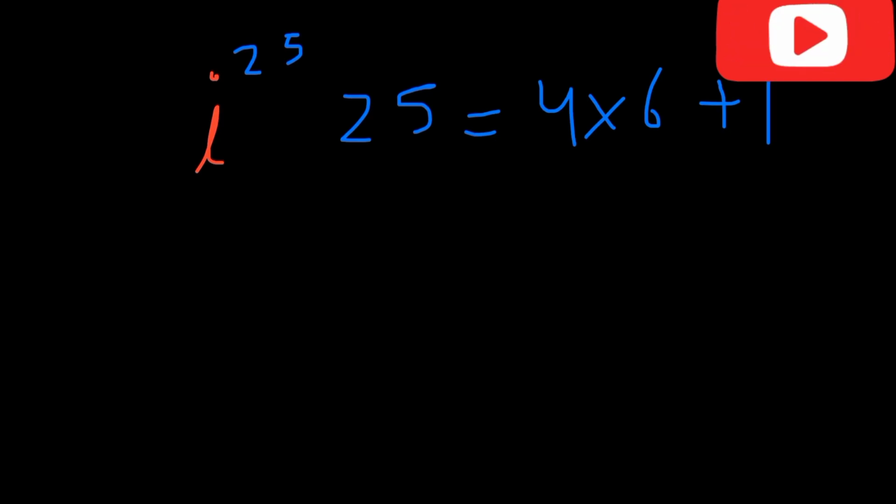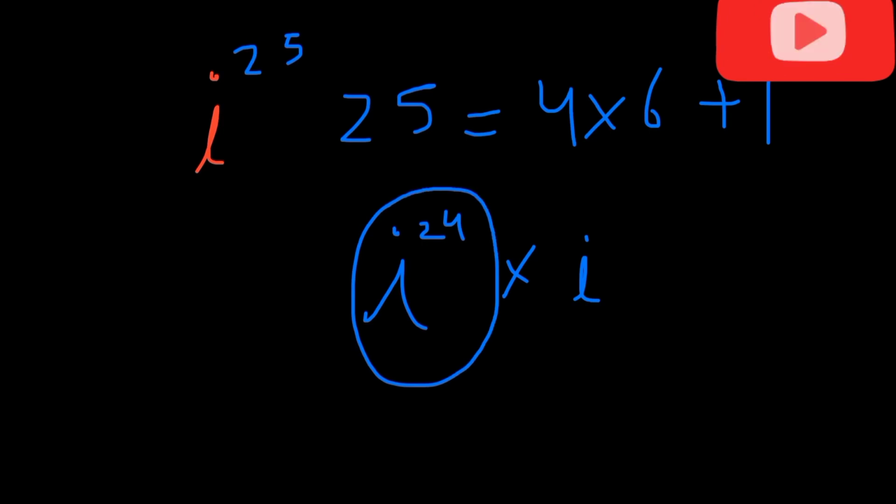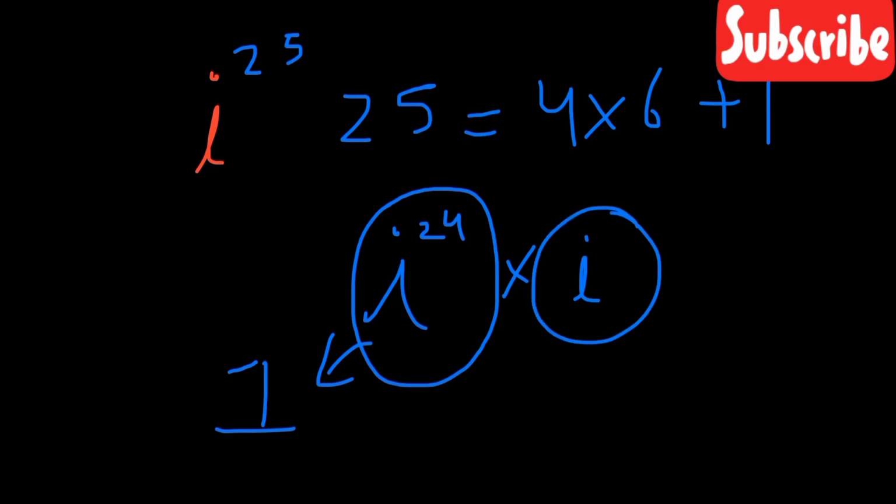Now I can write it as iota raised to the power 24 into iota. Now I know that it is of the form iota raised to power 4 into something. So iota raised to power 4 is 1, so I can directly write this quantity as 1. So what am I left with? I am left with iota. So that's simply my answer.